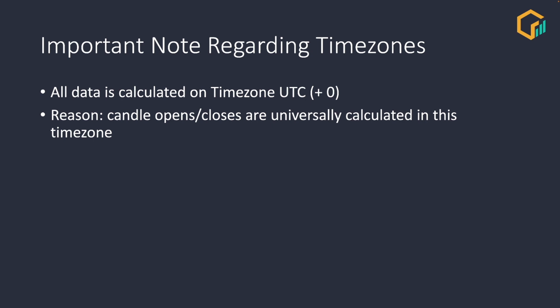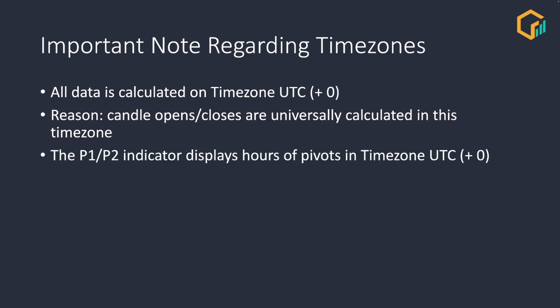What you can do to make it, in my opinion, a little bit less confusing, although we have a solution for this, as we will see, is set your TradingView time zone to UTC+0. This is what most members do. This is what I do, even when I'm in different time zones. But with that said, the P1, P2 indicator that we've shown displays hours of pivots in this time zone, UTC+0.